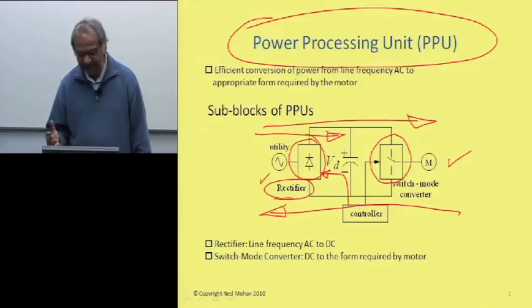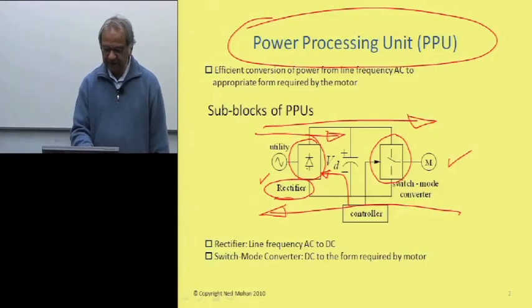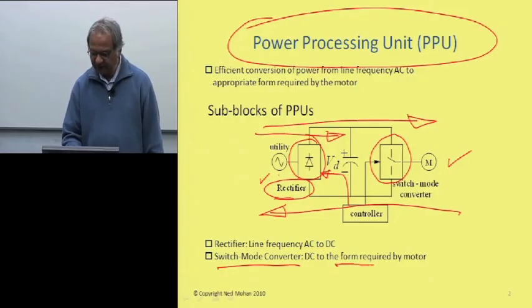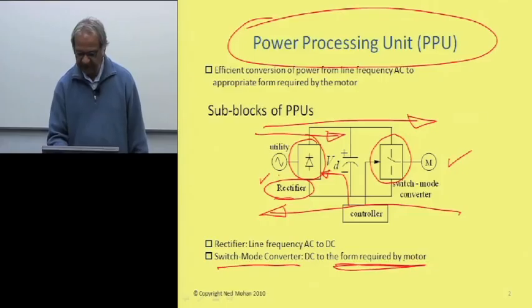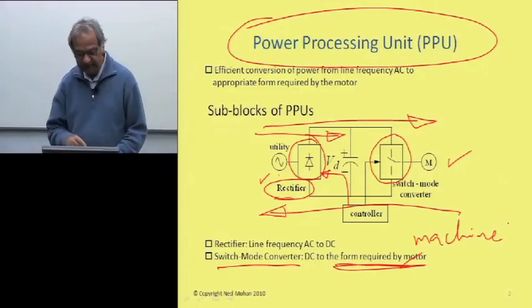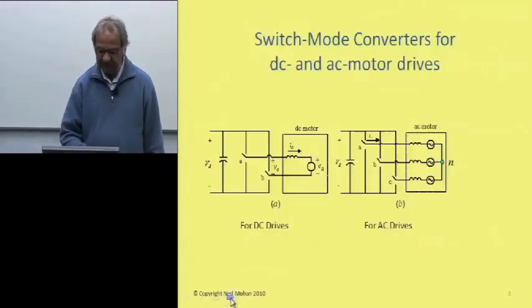So we can see as sub blocks here, we have one converter which converts AC to DC, and then we have another converter which converts DC to the form required by the motor. So motor is a very specific term. We should call it a machine, and it could be a motor or a generator. So we'll see how this power processing unit works here.